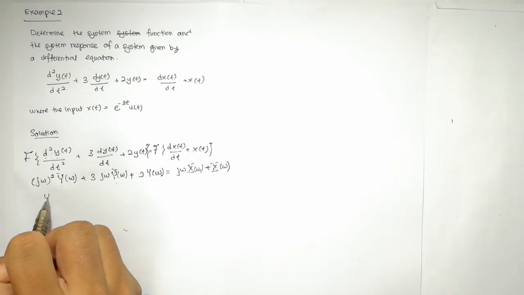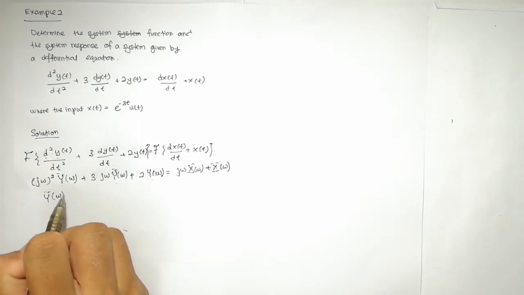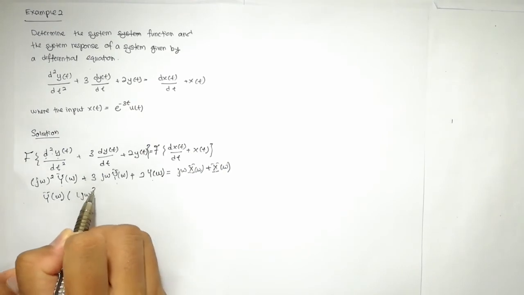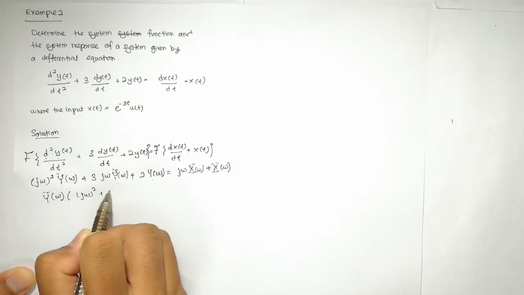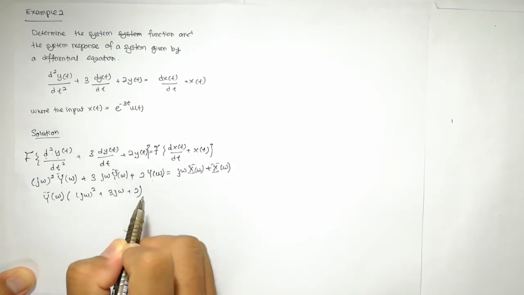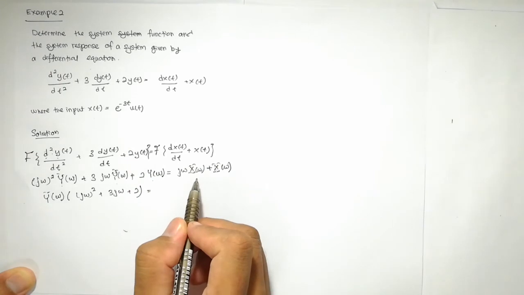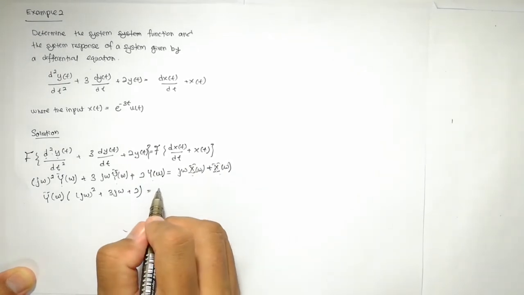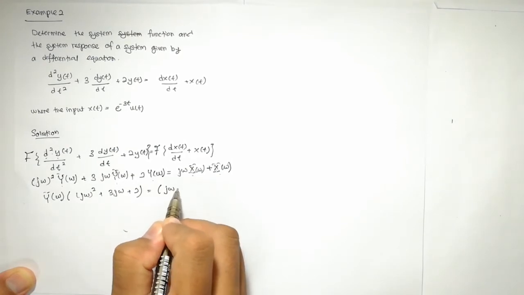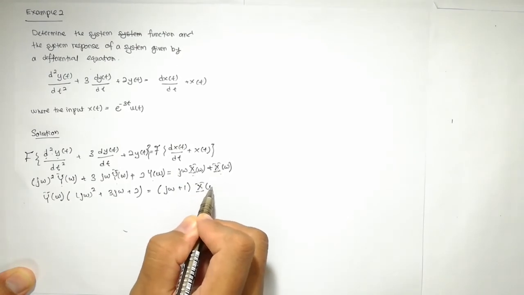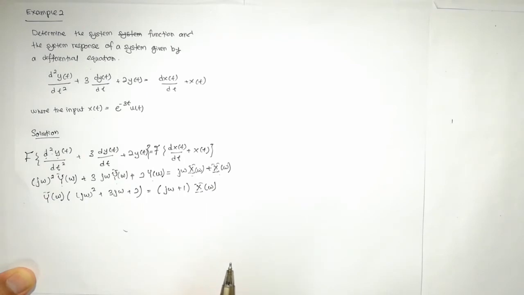So this will be Y omega times ((j omega) squared plus 3j omega plus 2). Same for the right side, because we have X omega in both terms, so we can factorize it: (j omega plus 1) multiplied with X omega.